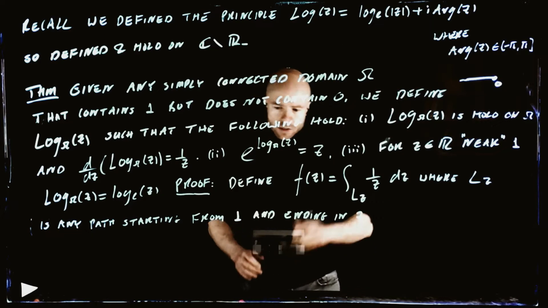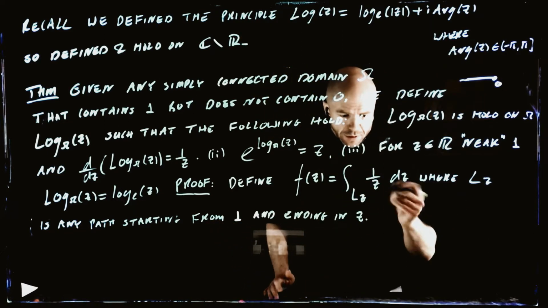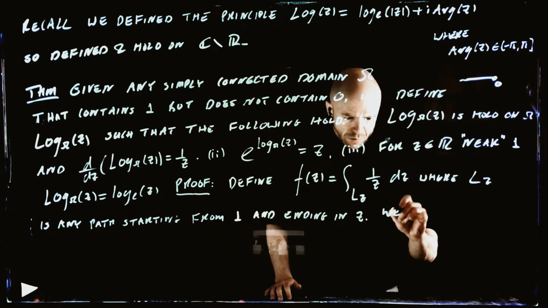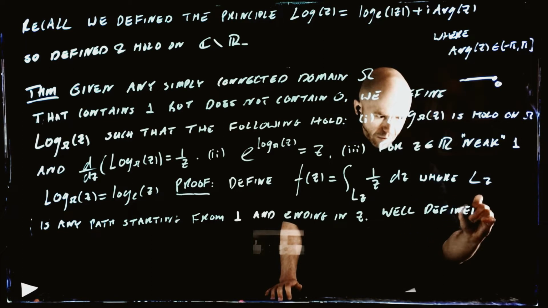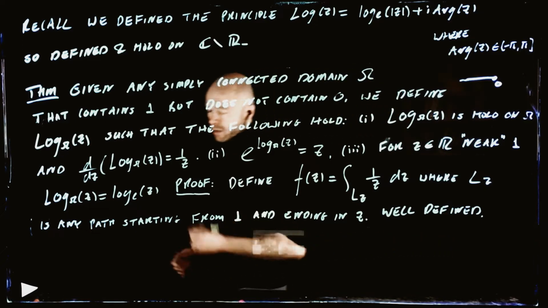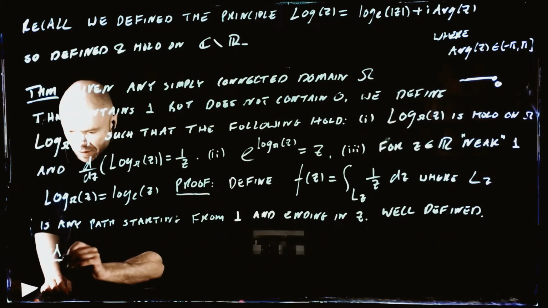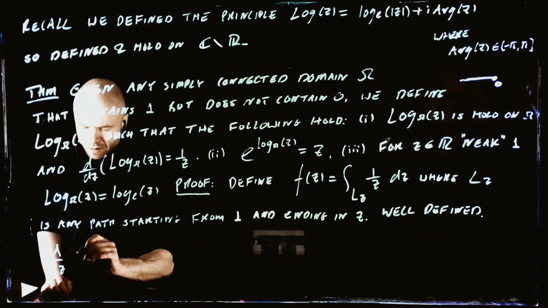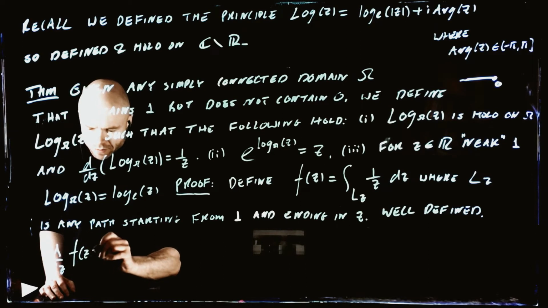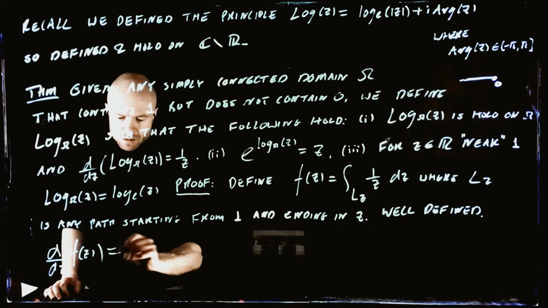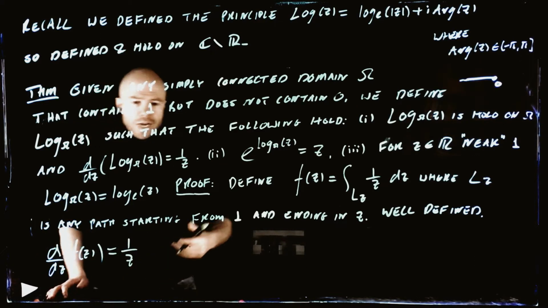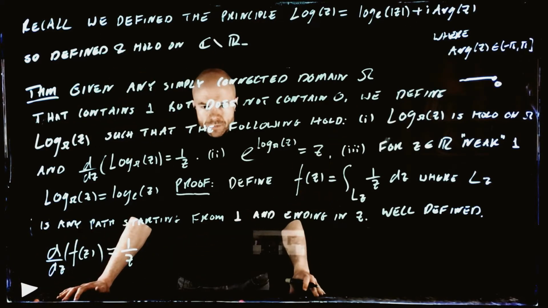So this is well defined. And the first property, that d by dz of f of z is equal to 1 over z, is exactly the same argument we did before. Yeah?